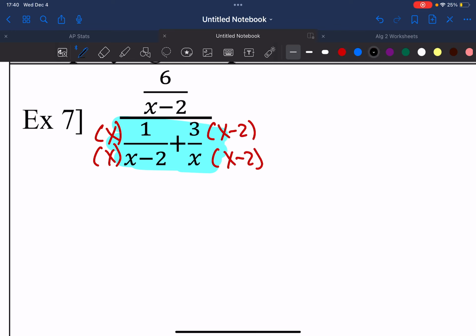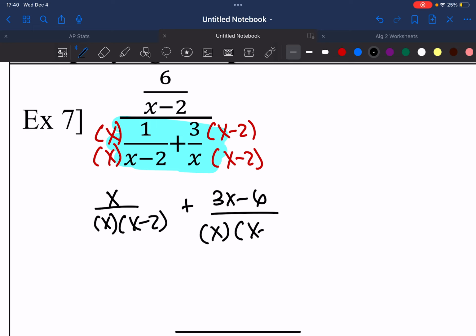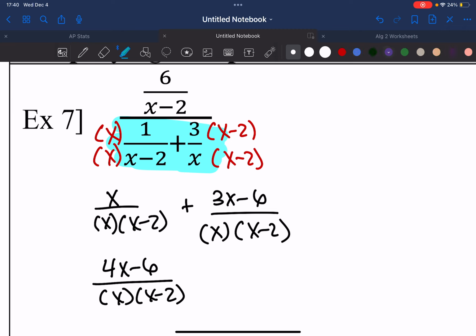Okay. Which means I have x over x times x minus 2 plus 3x minus 6 over x times x minus 2. Which means I have 4x minus 6 over x times x minus 2. This is my new denominator.